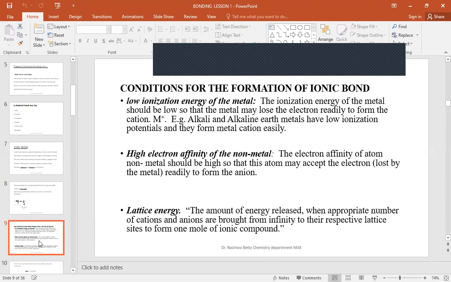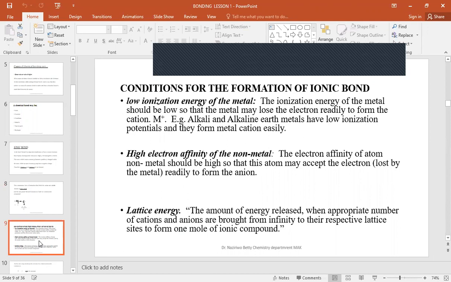Conditions necessary for the formation of ionic bond. There are mainly three conditions. The first one, the metal must have a low ionization energy. When the ionization energy is low, the tendency of losing electrons will be easier for the metal to attain a positive charge. And the second one is the electron affinity.